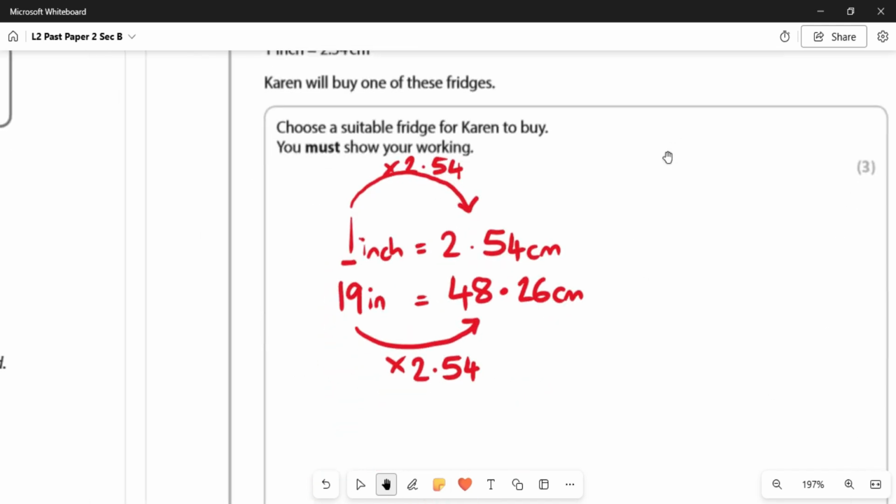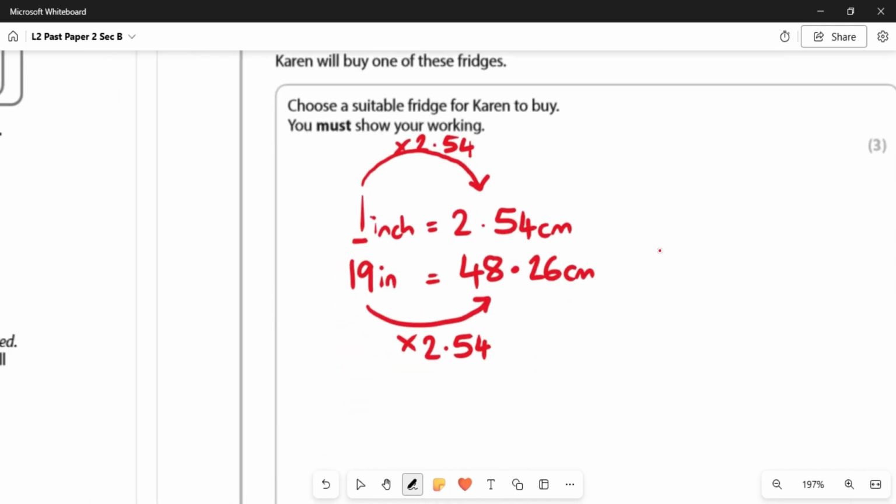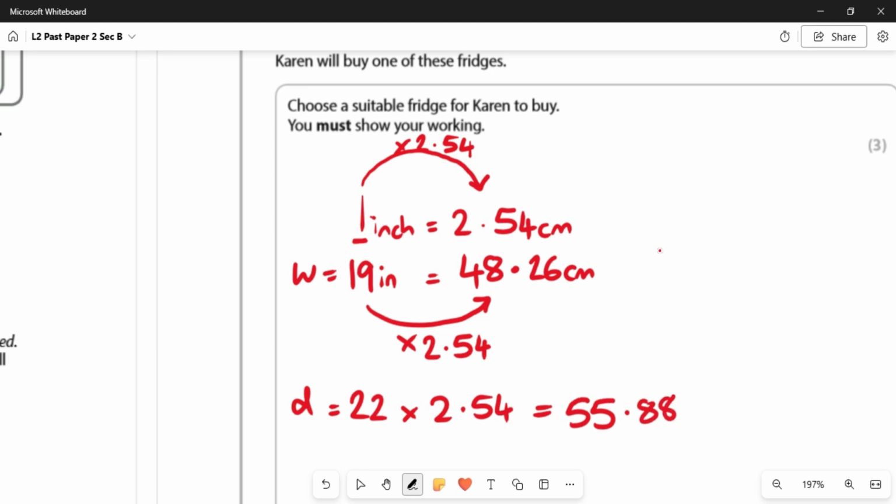So 22 inches, 22 times 2.54. That was for the width, this is for the depth. So 22 times 2.54, which is 55.88 on my calculator. That's in centimeters.